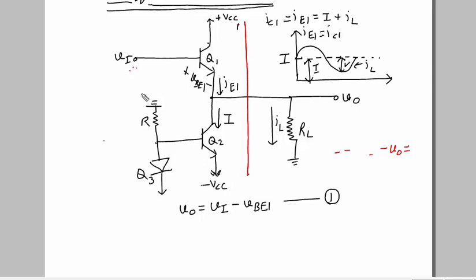This is VCE1 here, and from this point to the ground it is V naught. So we can write plus VCC minus VCE1 minus V naught equals 0. I'll write this equation here.